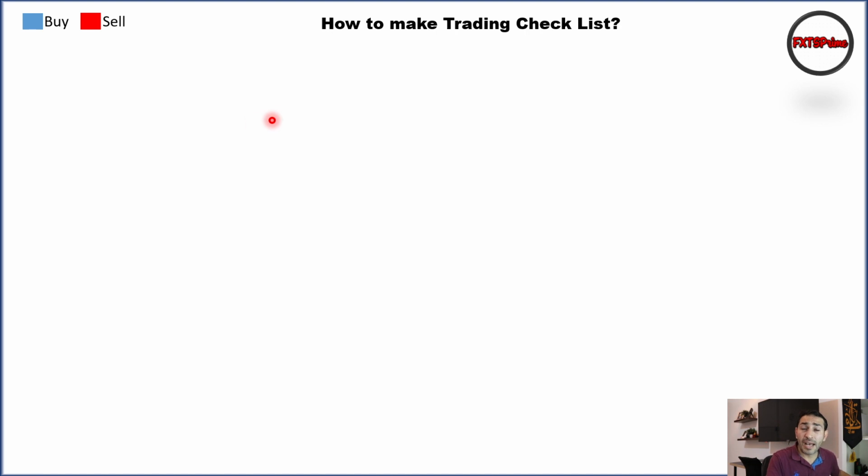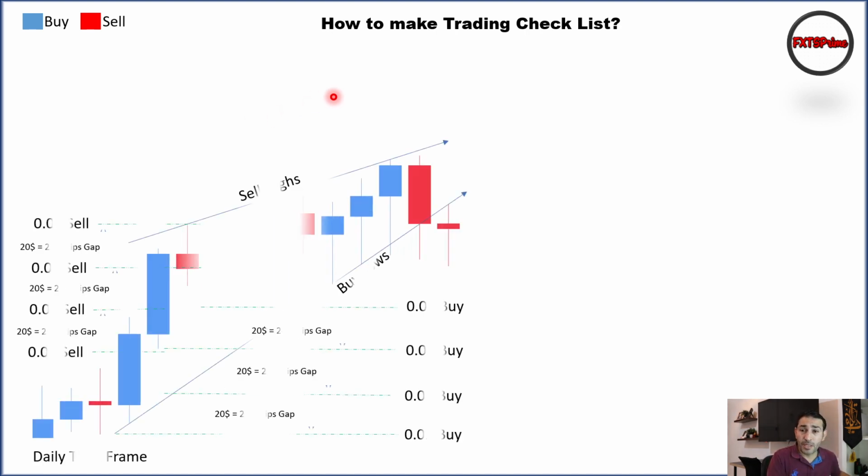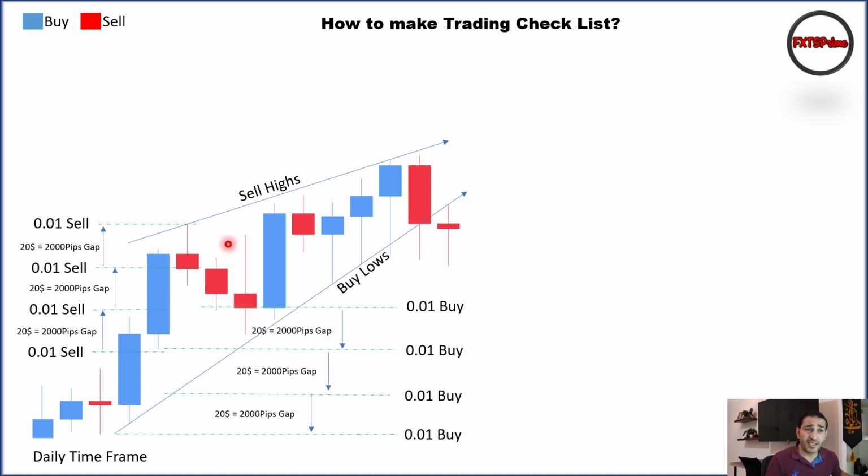Now I am going to tell you how you can make your checklist. So now we discussed these and we said how to trade buy and how to trade sell and how to manage your risk and how to create your management plan according to your size and according to what you want to trade. You can trade 4-hour time frame and you can trade daily time frame.